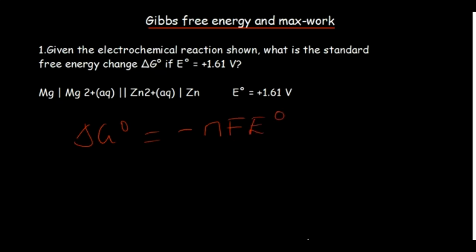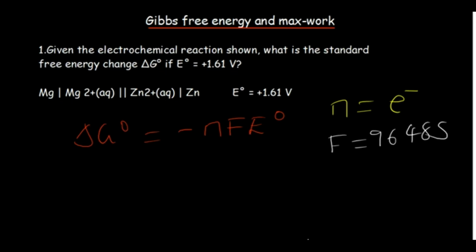Now, what we need to understand is that n in this case denotes the number of electrons being transferred. That is the number of electrons being lost in the anode reaction, moving to the cathode. And then F denotes the Faraday's constant, which is 96,485.